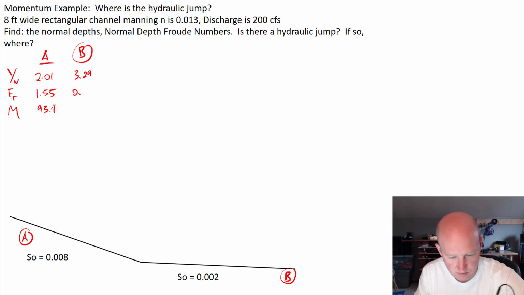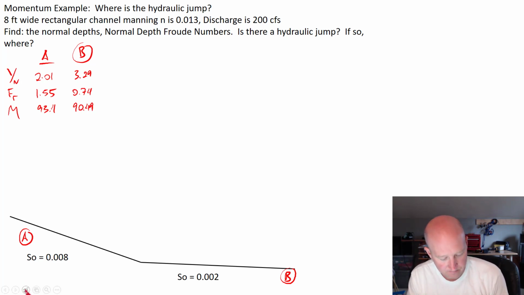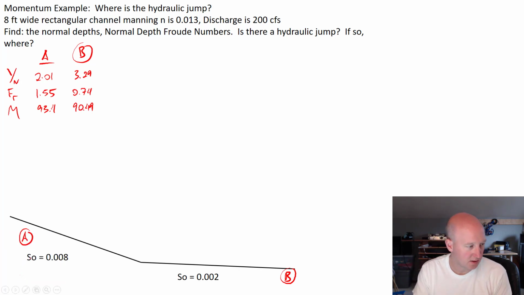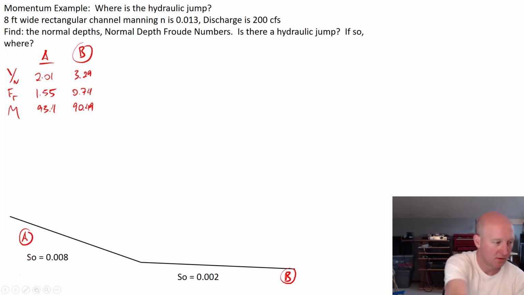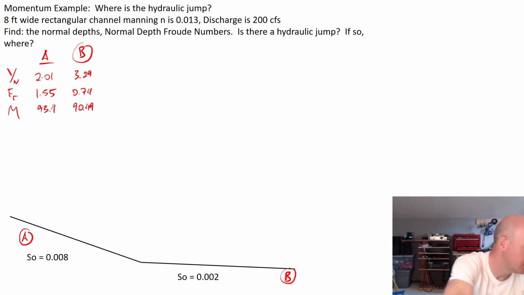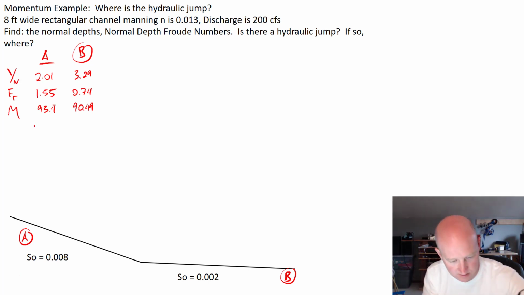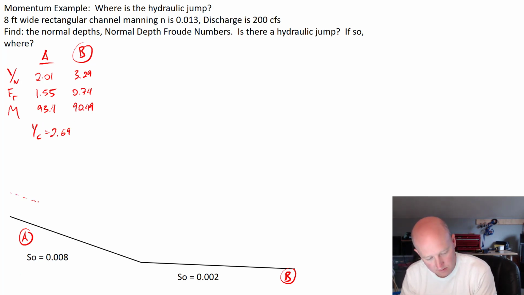Froude number 0.74, specific force 90.49. And we can sketch this again. I skipped the critical depth. That was 2.69. Let's write that. So we can sketch that in there.